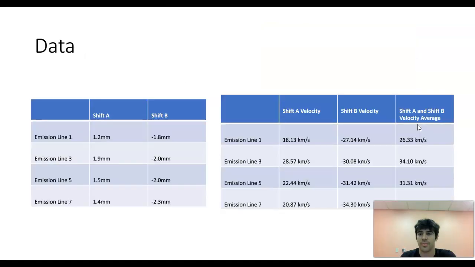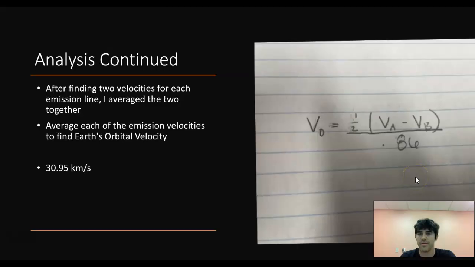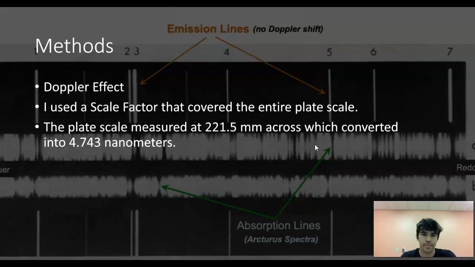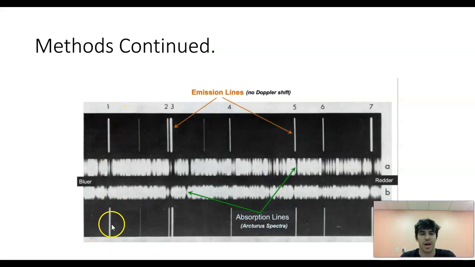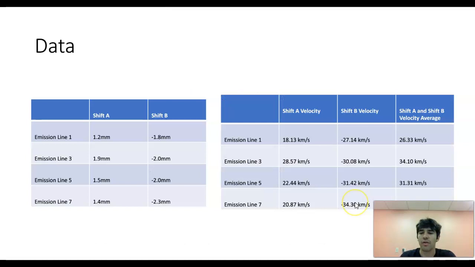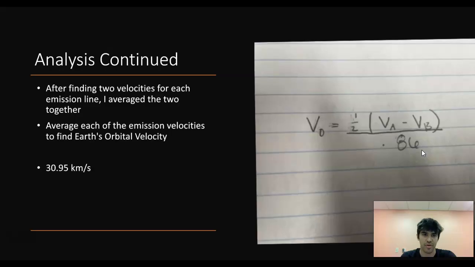That is why all these numbers are positive over here, and divided by 0.86 to find the average velocity of each emission line. The average velocity of each emission line is this whole line, not just the top or the bottom. So I took the average velocity of 1, 3, 5, and 7, and they're all roughly, as you can see, around 30-ish kilometers per second, which gave me Earth's orbital velocity of 30.95 kilometers per second.